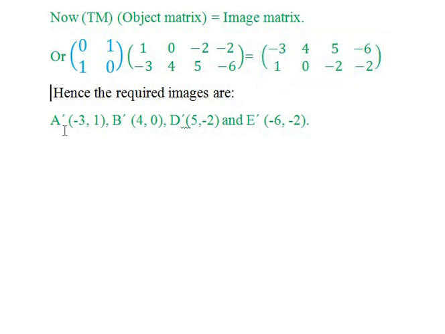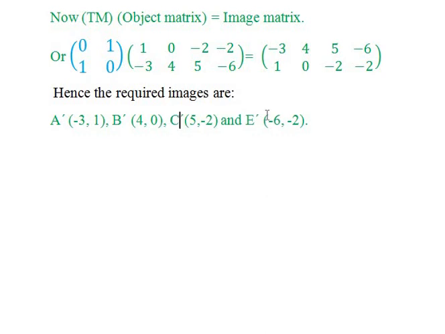So the required images are: the image of A is A prime (minus 3, 1), B prime is (4, 0), D prime is (5, minus 2), and it is not, this is D, this is C. Okay, let us correct it.